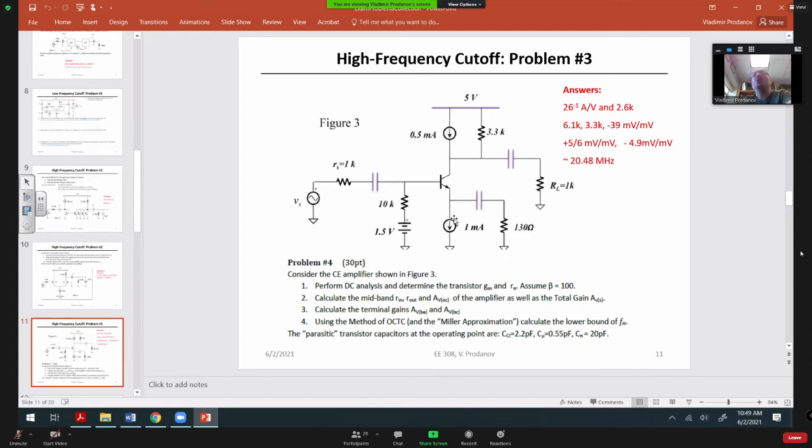There are only two nodes in the circuit. One is associated with this node and one is associated with that node. If you could account for all the capacitive loading at those nodes and you know the resistances seen at those two nodes, you should be able to find a time constant and estimate, worst case, what the cutoff will be. I would like to tell you about this business here, CCI.